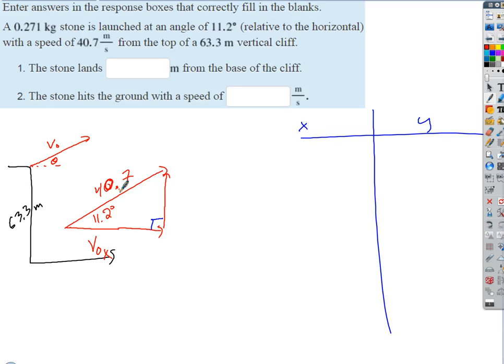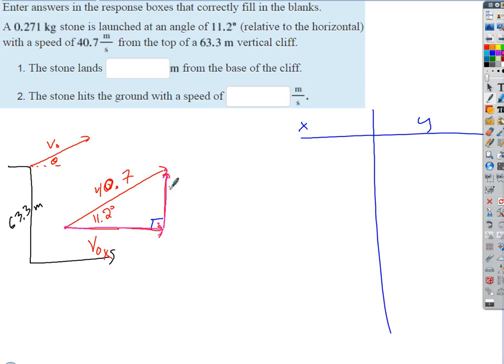Remember, we're taking the initial velocity vector and breaking it up into horizontal and vertical components that we can add tip to tail. To get from the tail of that vector to the tip, we go this direction horizontally and that much vertically. That makes sense, doesn't it?